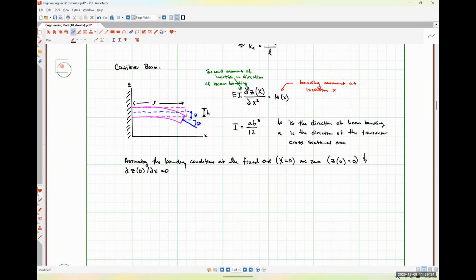So this means that the beam cannot move or rotate. Then the second order equation can be solved by using integration.